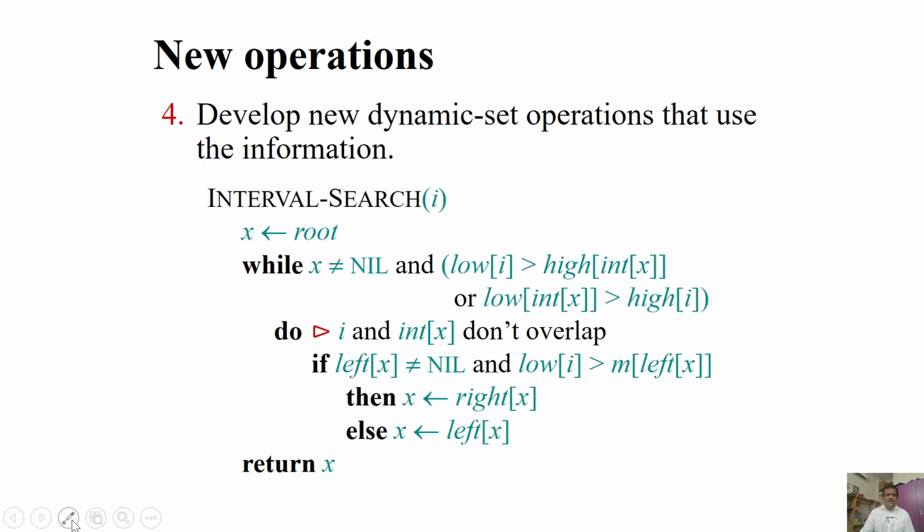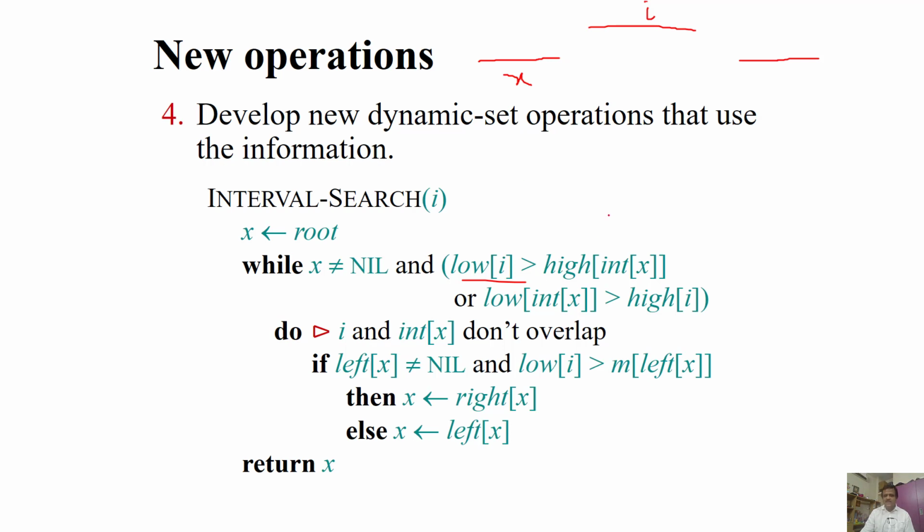When we say an interval overlaps with a given interval, suppose this is our interval I. Now, it will not overlap with x if x is either here or here. If x is to the left of I, then, we are using low, anyway those both are the same, low of I, this value, if it is greater than high of x, then they will not overlap.